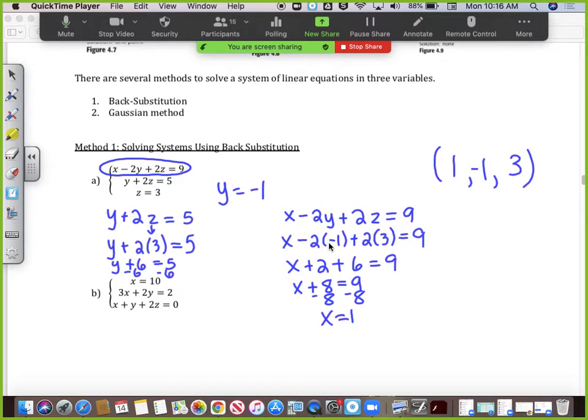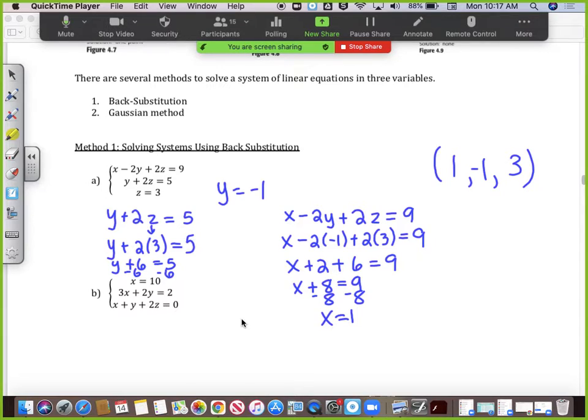The last thing you should do before moving on is just verifying that your answer is correct. Like I said throughout this whole chapter so far, with systems of equations, you can verify that your answers are right if you just take the time and replace the variables with the numbers you got for those variables, and then see if it works for all the equations. Now we have 3 equations.